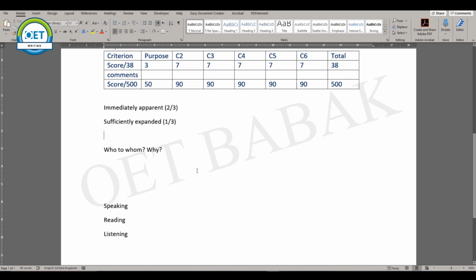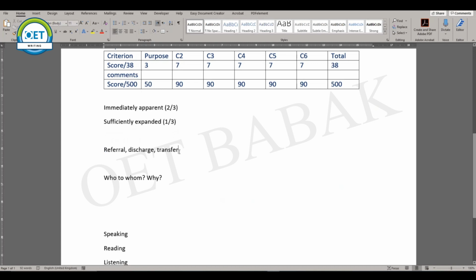The usual scenarios are referral, and this is profession specific, discharge, or transfer. These three types of letters are given to doctors.